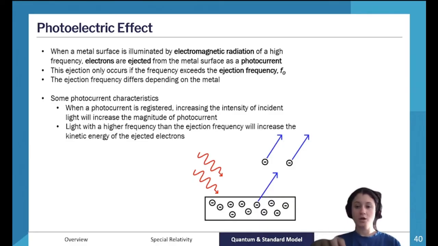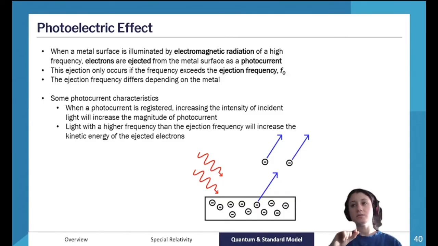After a while, some of the electrons would have enough energy to jump out. But that's not what we see, right? We see that at a low frequency, no electrons come out. Not that it takes a while, no electrons come out. Which means that the energy is not building up, it's being given in discrete packets.